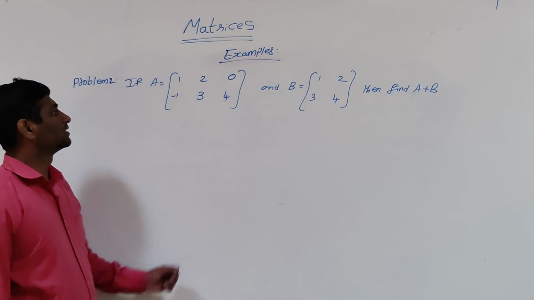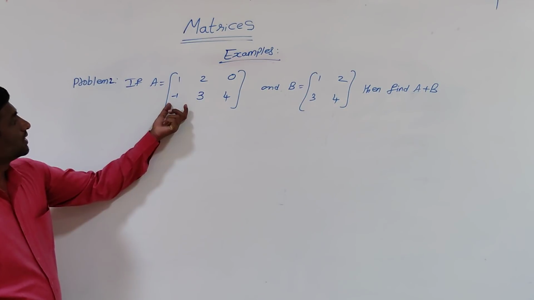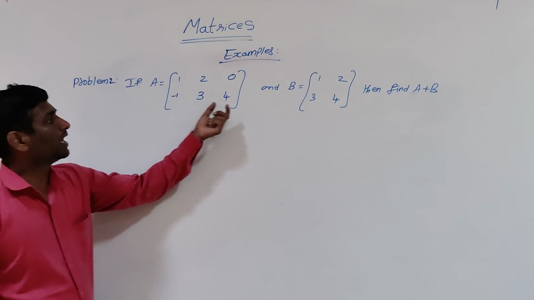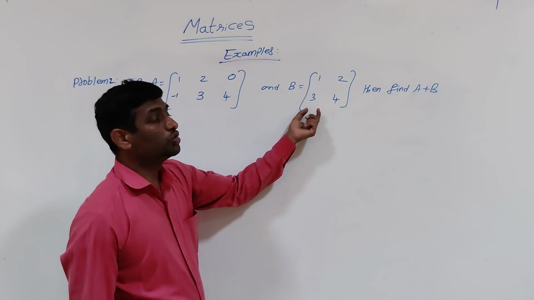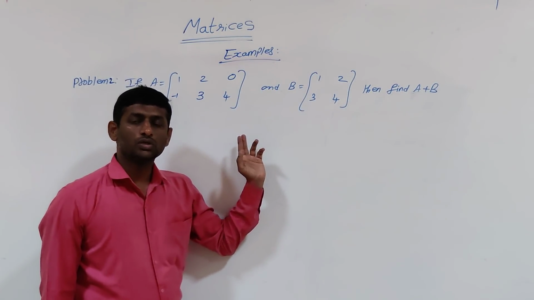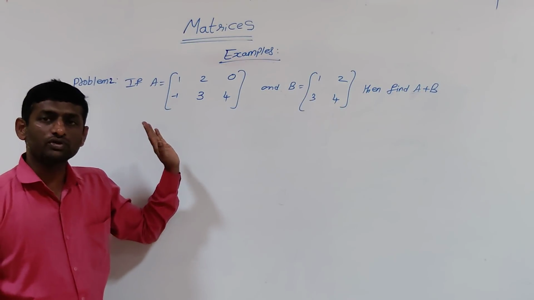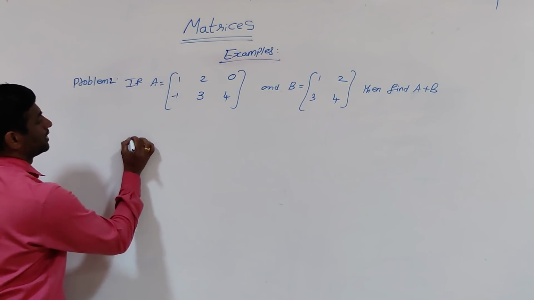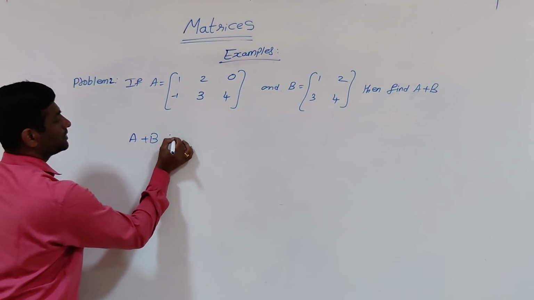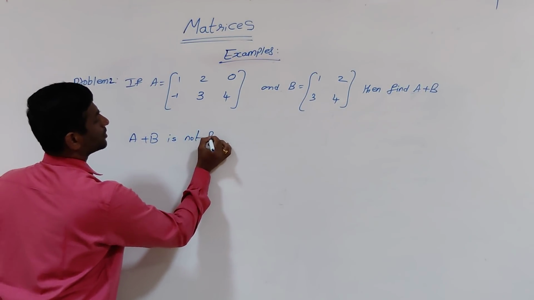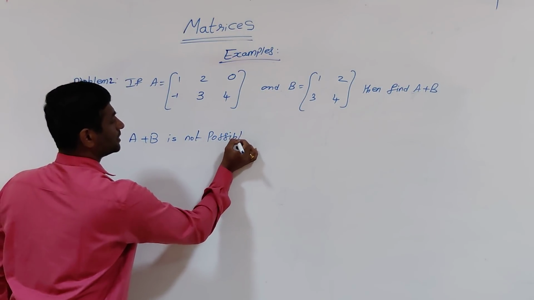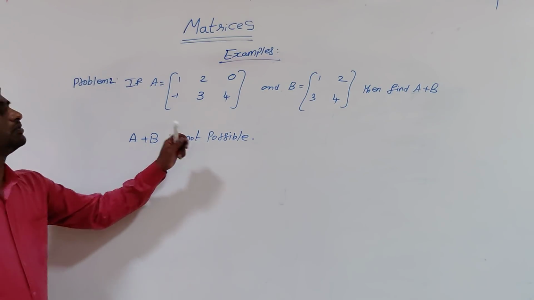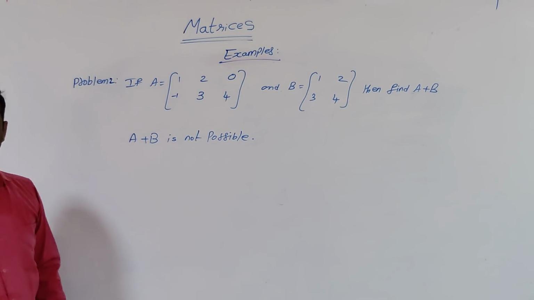Let's check. Matrix A is of size 2 by 3 and B is of size 2 by 2. So the two matrices are not of the same size. Hence the addition A plus B is not possible. So this is your solution: A plus B is not possible since A and B are of different sizes.